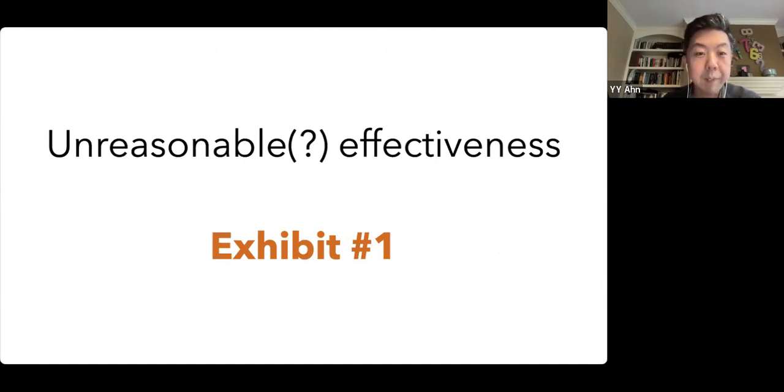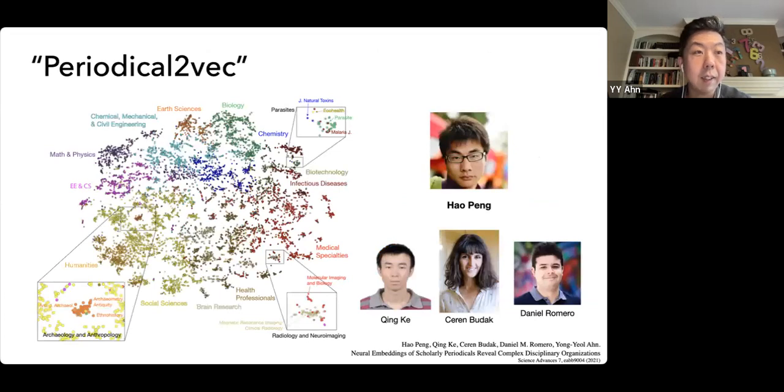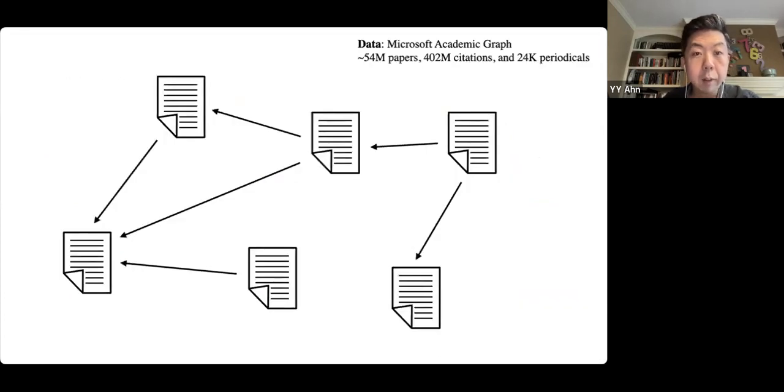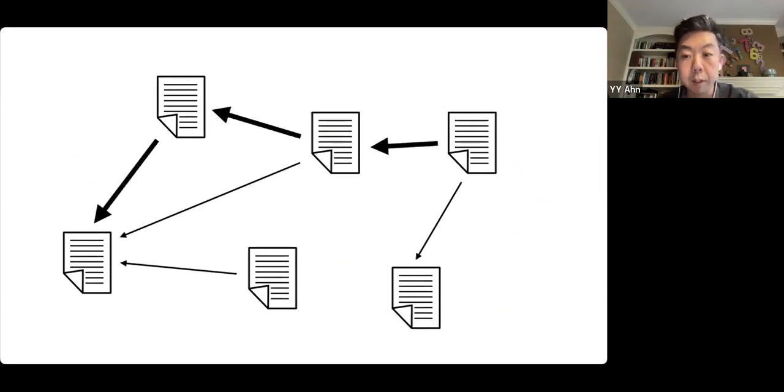The first one is about capturing the scientific knowledge space. And this one was done by my colleagues Hao Peng and Chinka and Jerome Budak and Daniel Romero. So here we looked at the citation network. We can construct a huge paper citation network, and then we can create random walks.